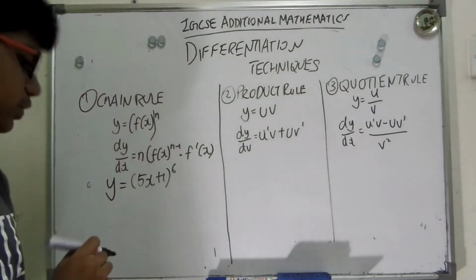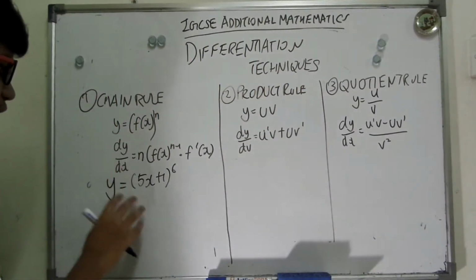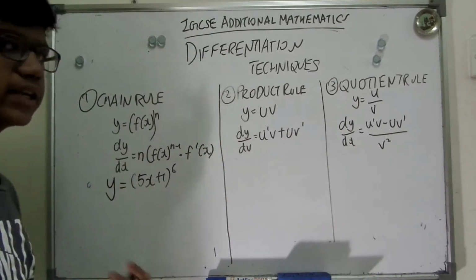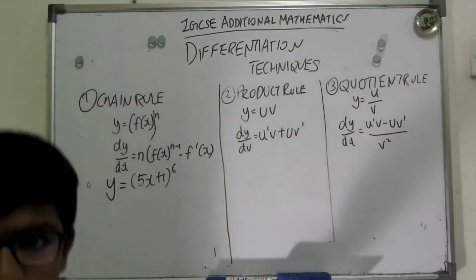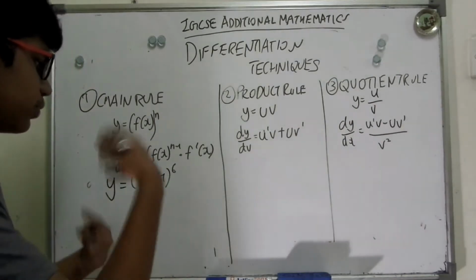This function has 5x + 1 inside, and then the entire function is put to the power of 6.